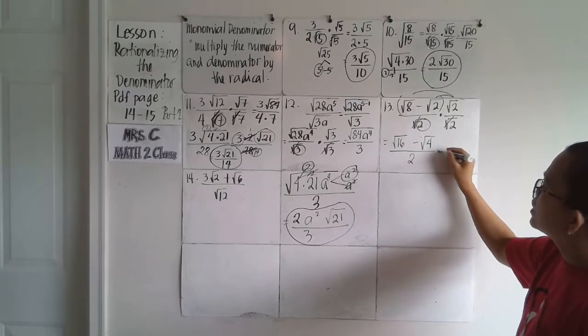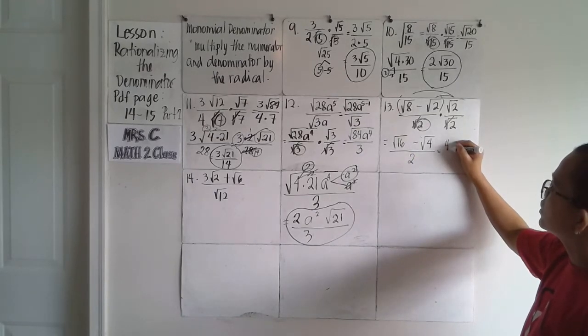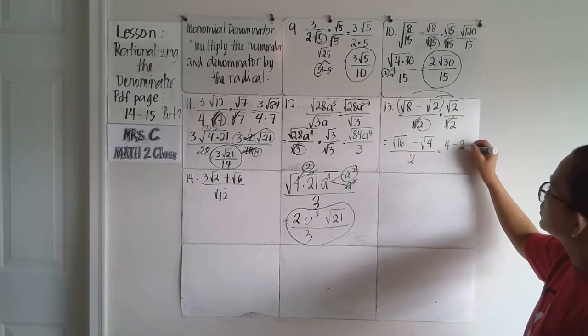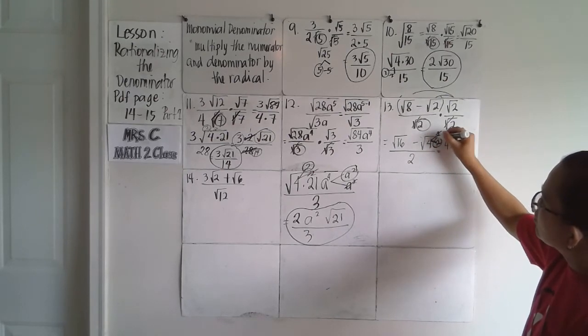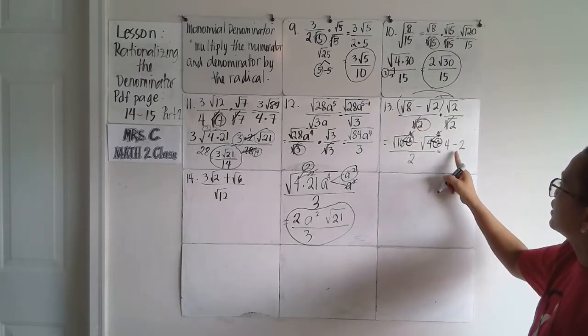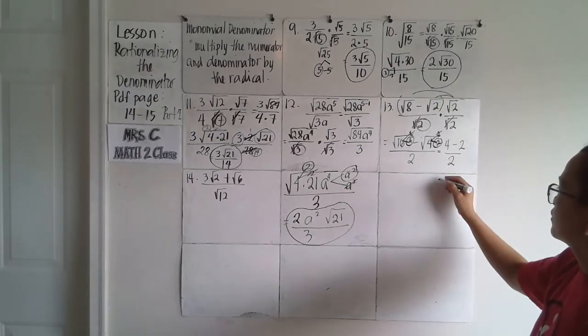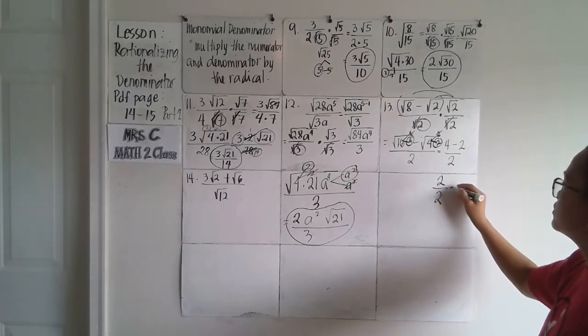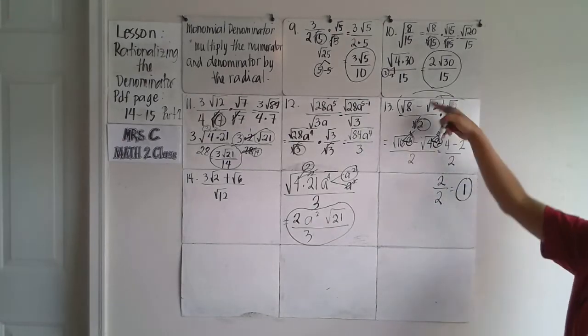Square root of 16 is 4, square root of 4 is 2. Cancel, take 1. 4 minus 2 divided by 2. What's 4 minus 2? 2. 2 divided by 2 is 1. So that's the answer for number 13.